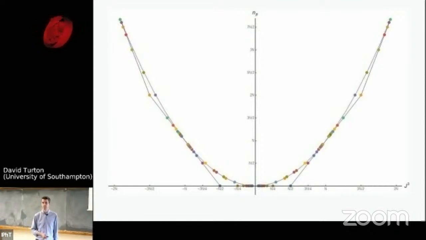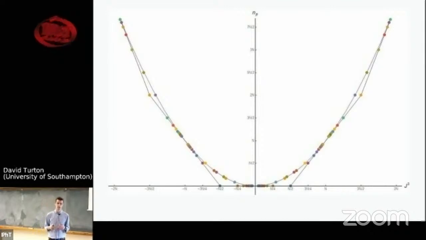Usually on the parabola you have Neveu-Schwarz states, and on the lines you have Ramond states. But this is fractional spectral flow, so the notion is not the same. It's a good question. So these are all going to be Ramond states, once you're careful about what you mean by Ramond and NS when the parameter k is switched on.